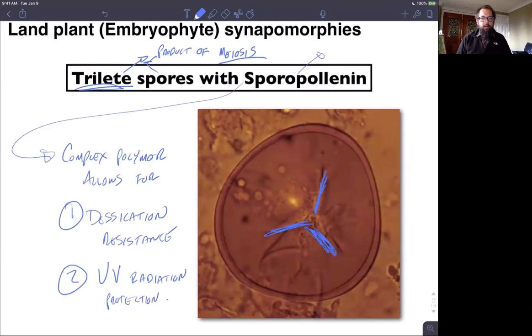In water, in that aquatic environment, UV radiation, especially in deeper systems, is not as important as it is once you move onto land and have to deal with that, another challenge to moving on land. So having trilete spores with sporopollenin is another of our land plant synapomorphies.